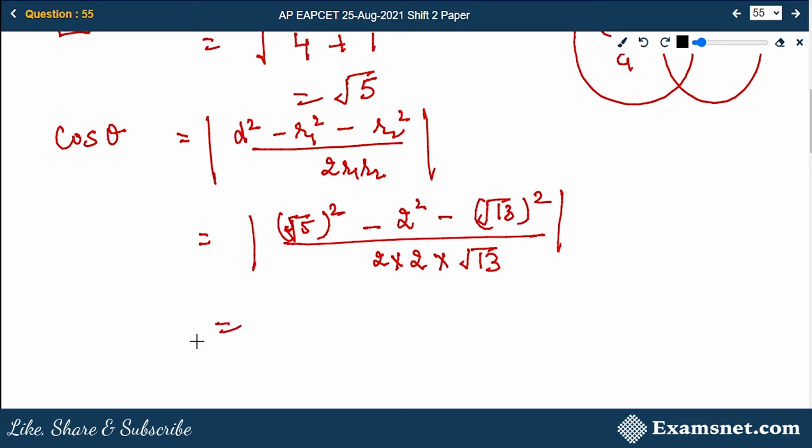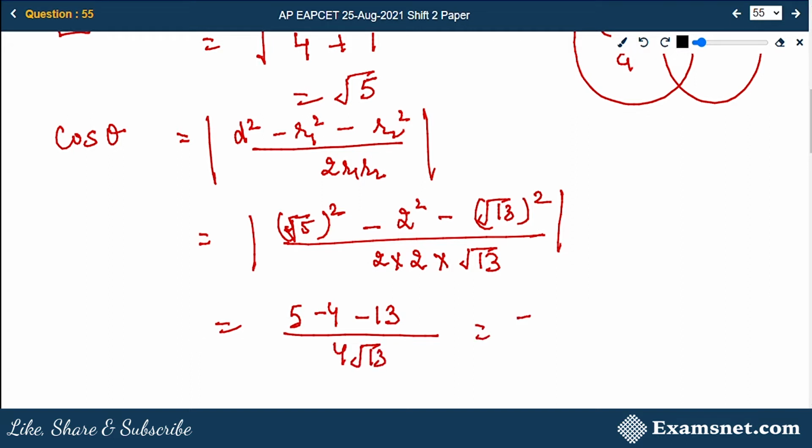So this becomes 5 minus 4 minus 13, divided by 4 under root 13.